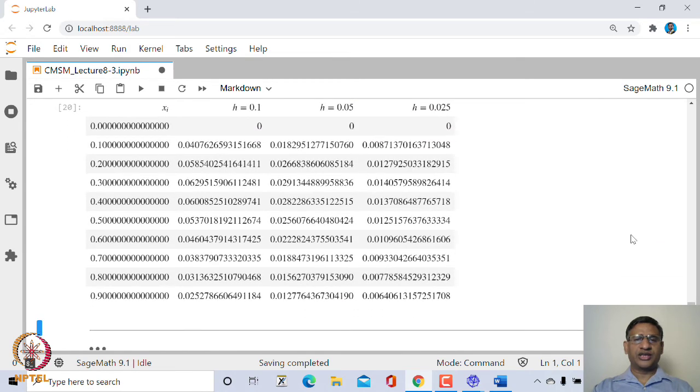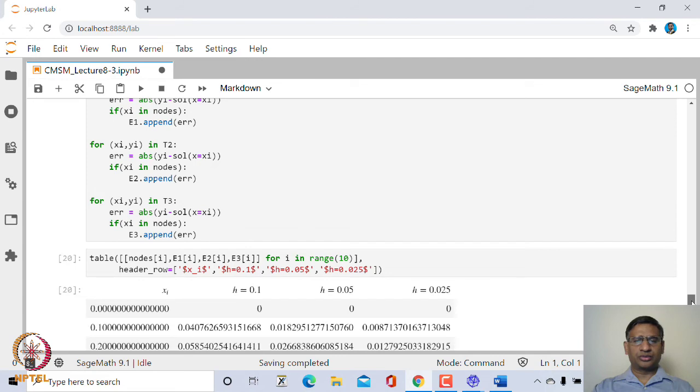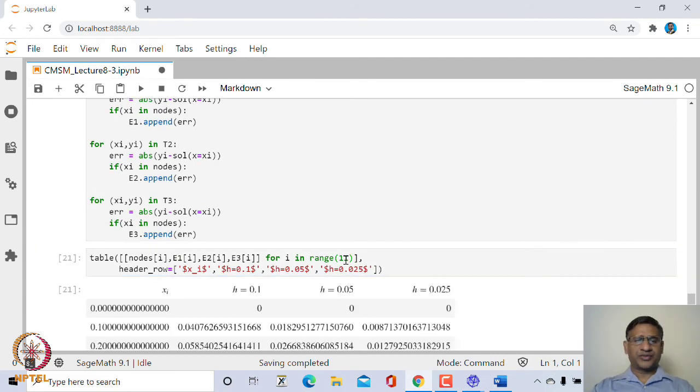So you can now see here the error term at h equal to 0.1, h equal to 0.05 and h equal to 0.025. So you can compare the error at every stage, right. And this error we have computed only at node points 0.1, 0.2, 0.3 up to 1, so you have to say range 11 in this case, right.